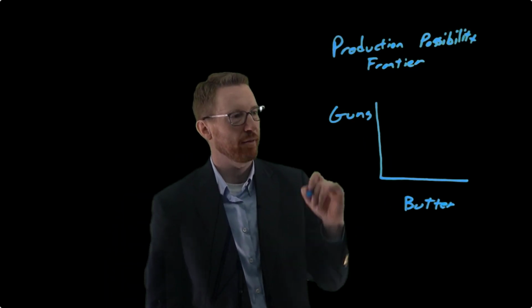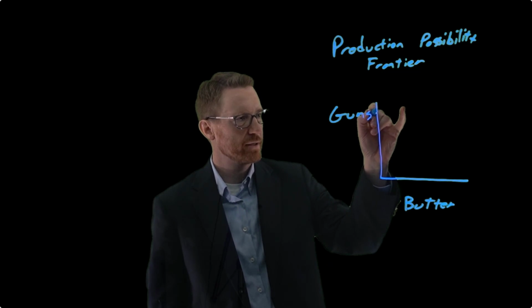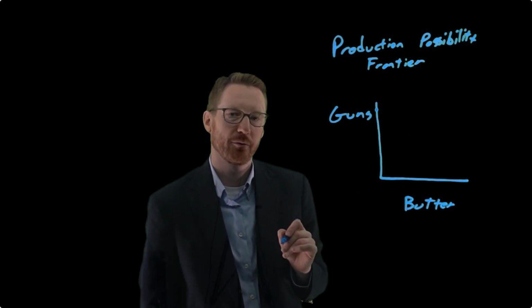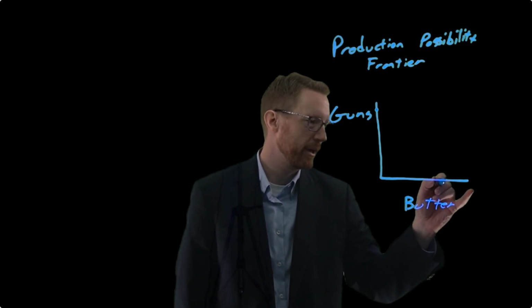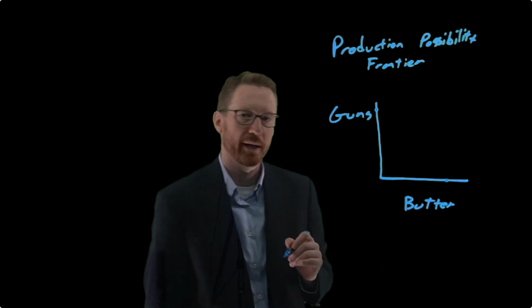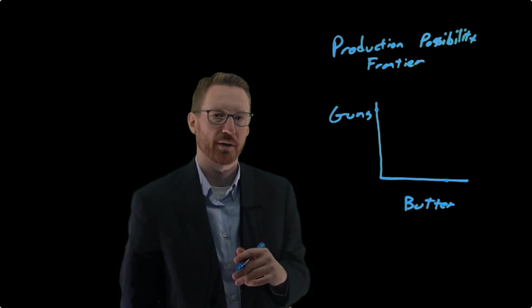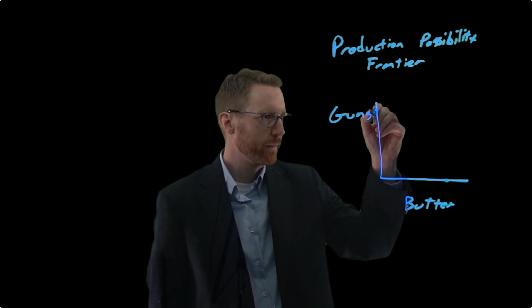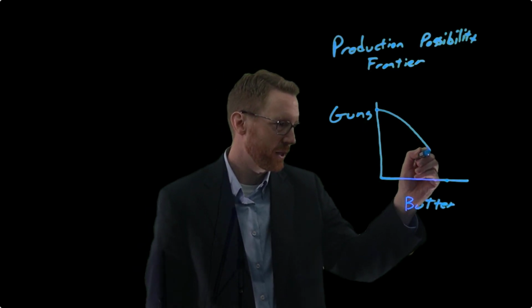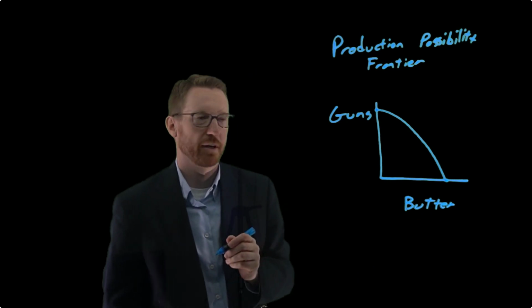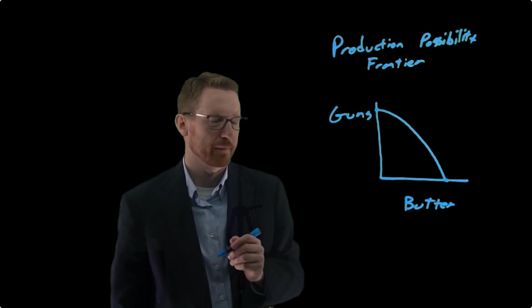So if we put all of our time and effort into producing guns, we can produce some quantity. If we put all of our effort into producing butter, we could produce some quantity, or we could split our time between the two. So make some combination of guns and some combination of butter.